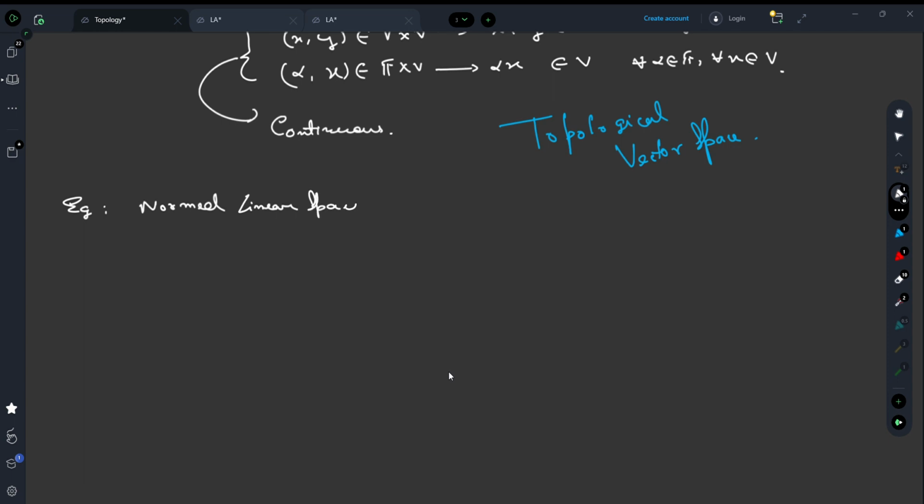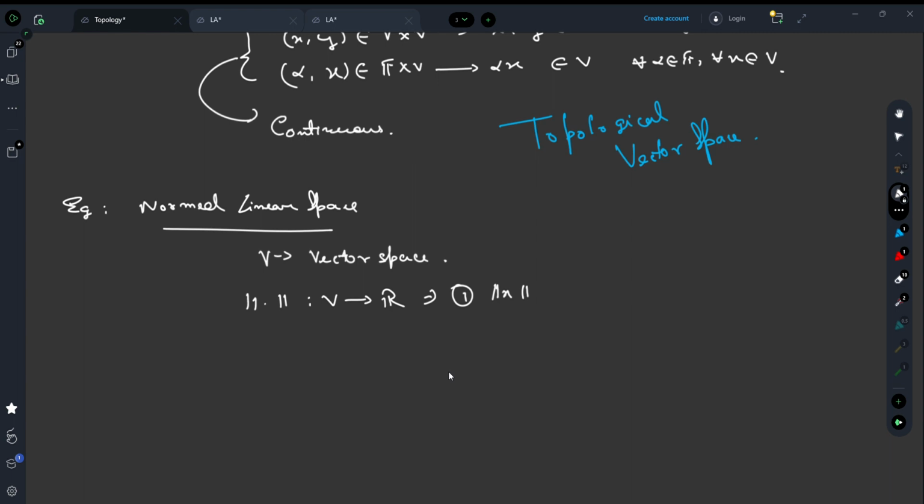What is a normed linear space? We take a vector space V, and we define a function on V. This is a function from V to R, and how do we construct this function? Number one, it is positive definite.